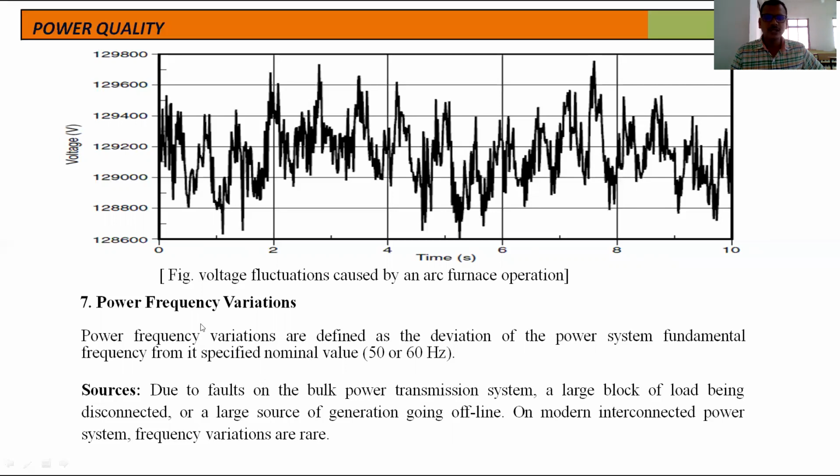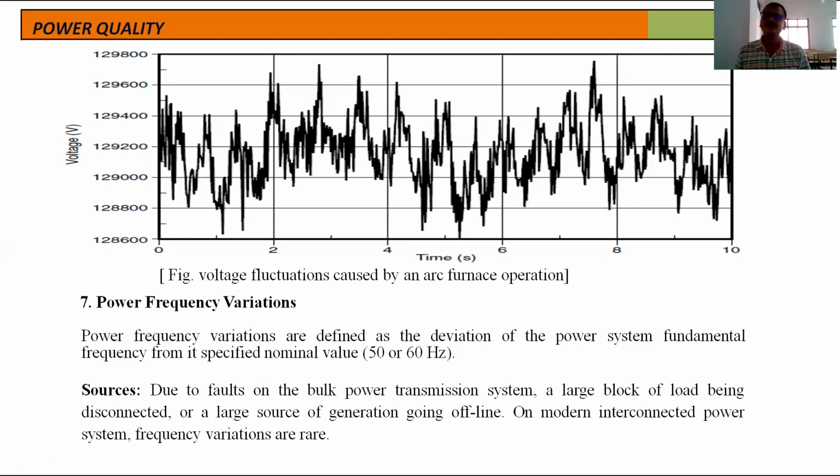And the final one is power frequency variations. The power frequency variations are defined as the deviation of the power system fundamental frequency from its specified nominal value.